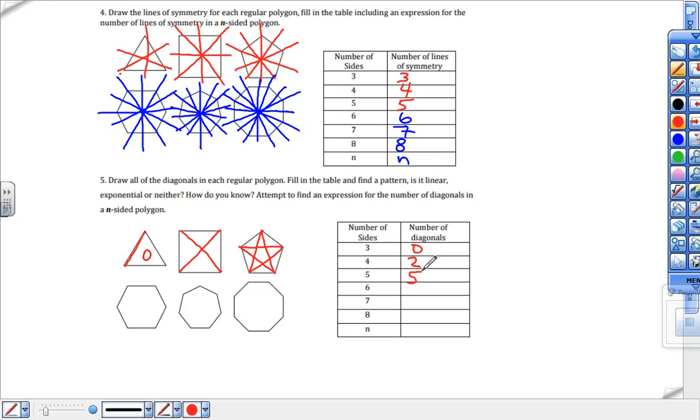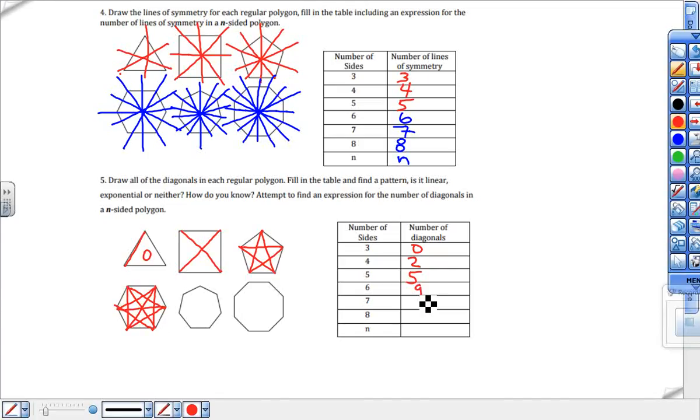This is a 6-sided. 1 diagonal. 2, 3 diagonals. And are there any other diagonals? Yes. 4, 5, 6, 7, 8, 9. I believe that's it.